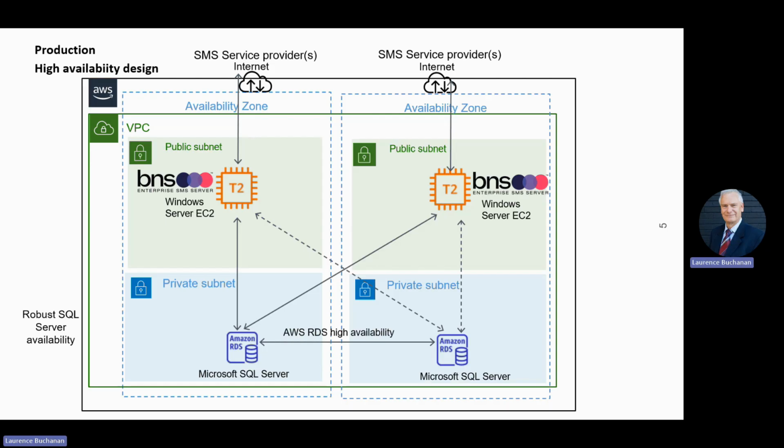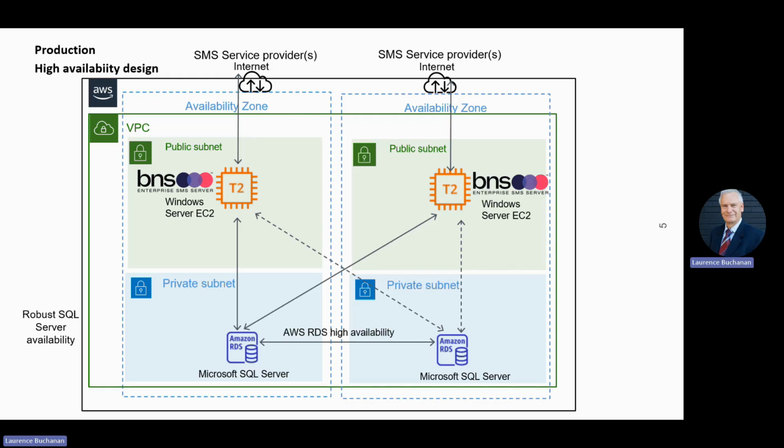Let's look at a highly available design for production and potentially for QA or pre-prod. Here we've got an AWS example, and again, the same would be true for Azure. We've got two zones, one on the left, one on the right, both in the same VPC.